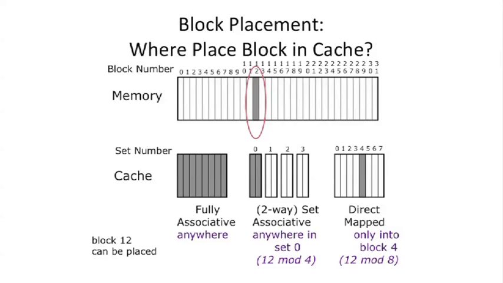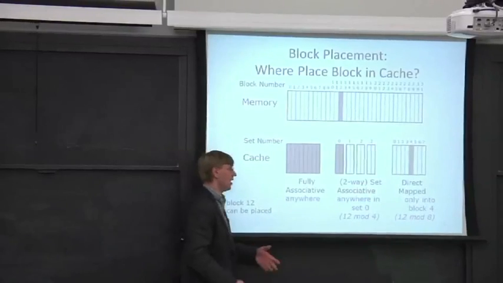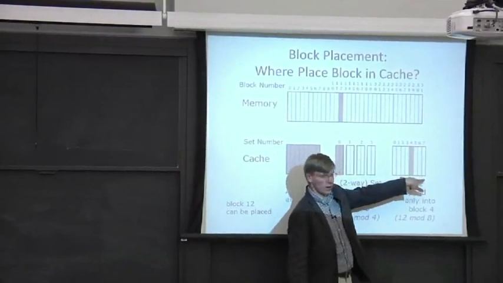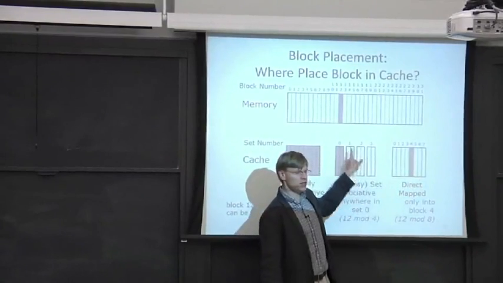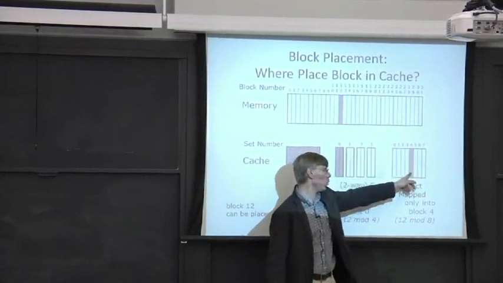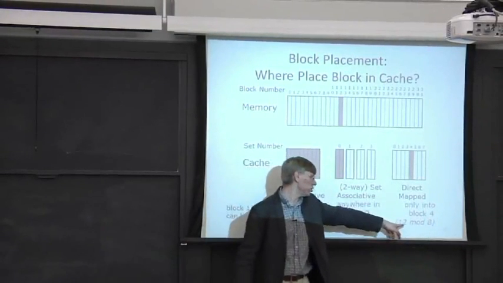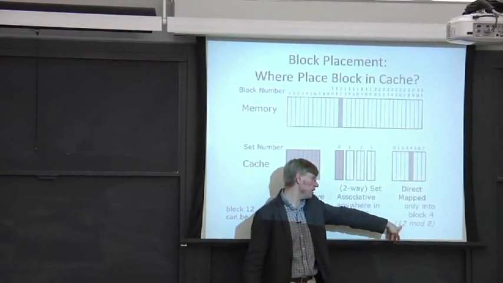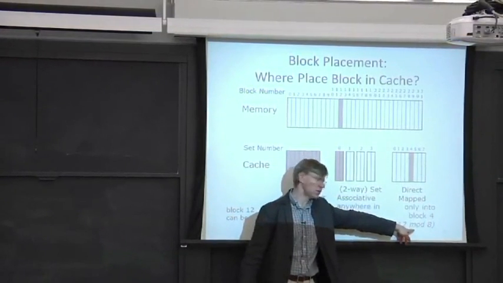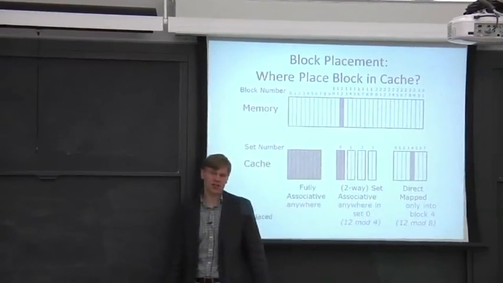Let's start on the right side here. On the right side, we have what's called a direct mapped cache. In a direct mapped cache, it is literally an array, and each block can only fit in one place in the cache. The indexing function that you use is you take the block number mod the size of the cache.